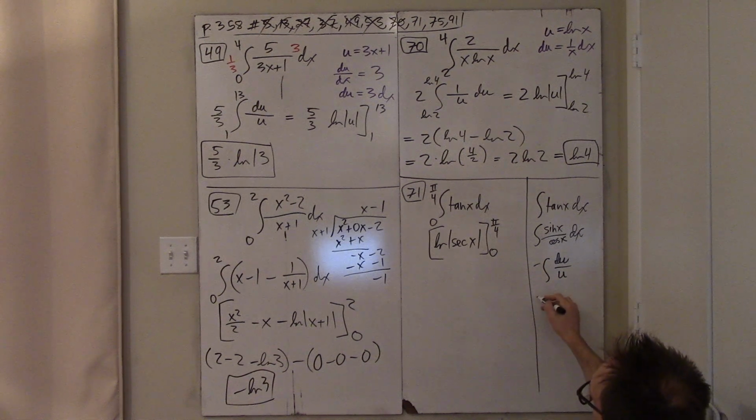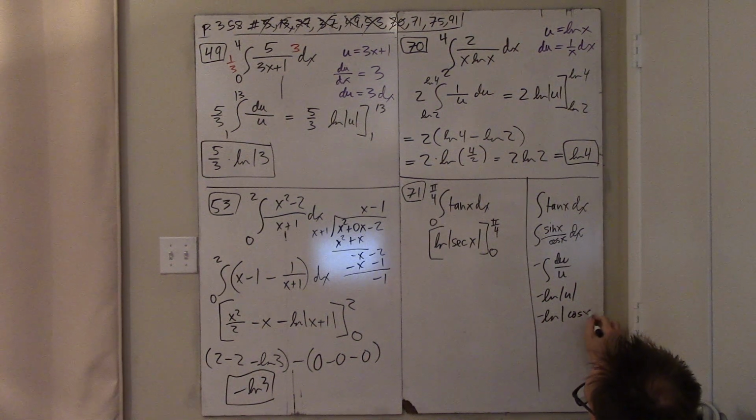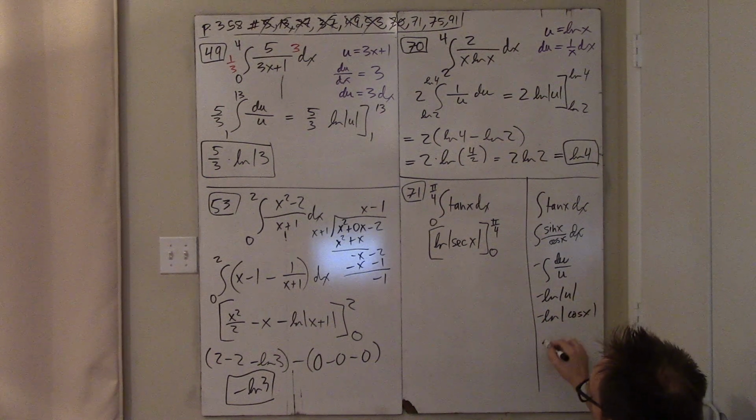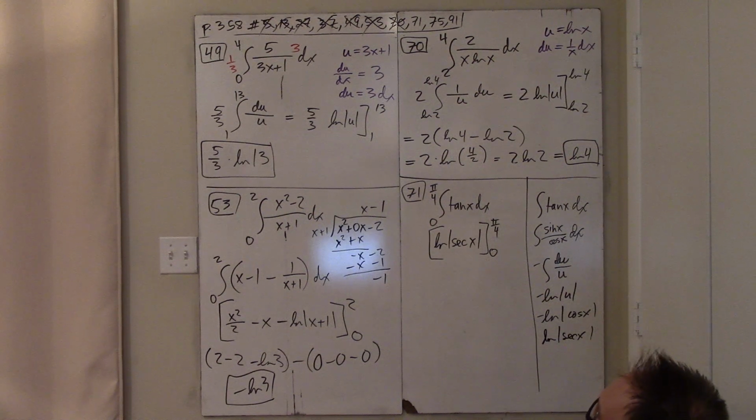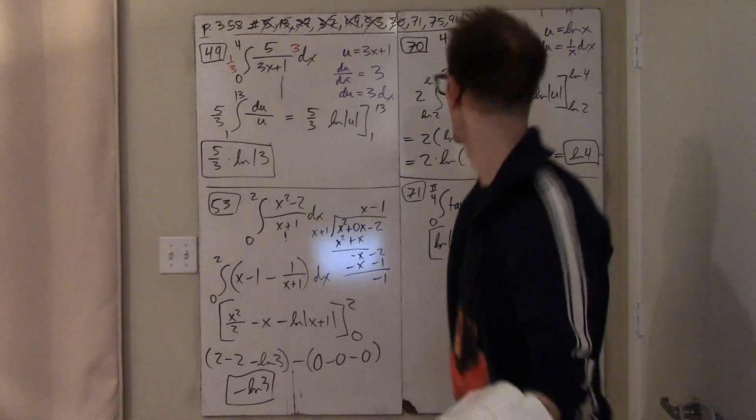And then what you get is negative ln u, but that's really negative ln cosine, and people use the negative rule to pop that up, so this is really ln of 1 over cosine. So that's how you get ln of secant. Okay, you can just do that every time, or you can just learn that because it comes up a lot. So anyway, here we are.